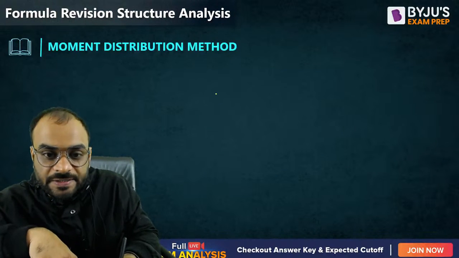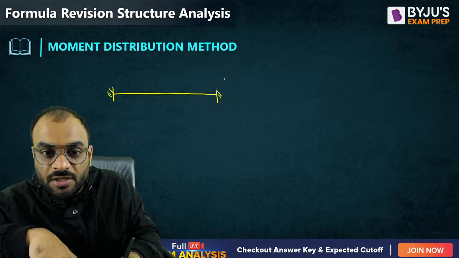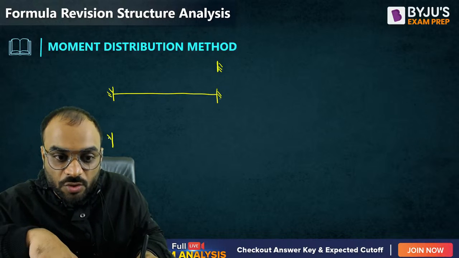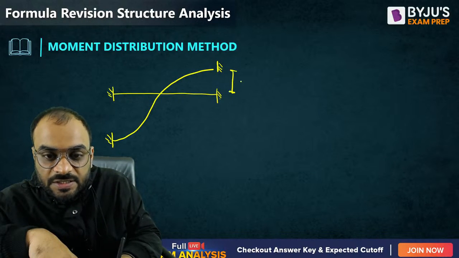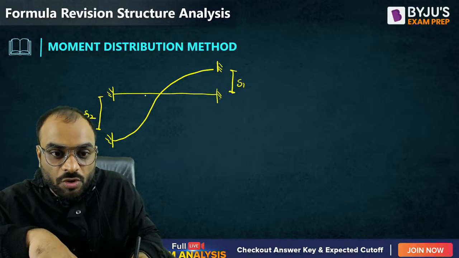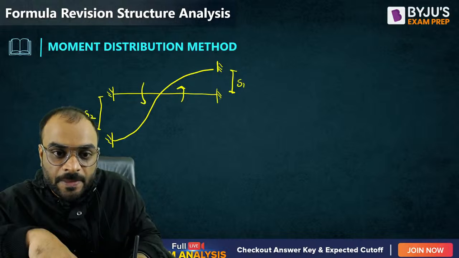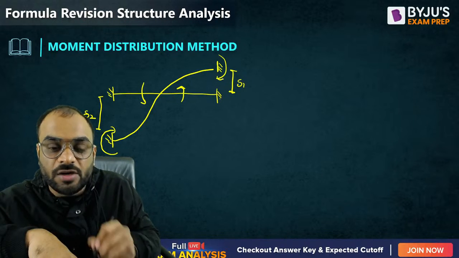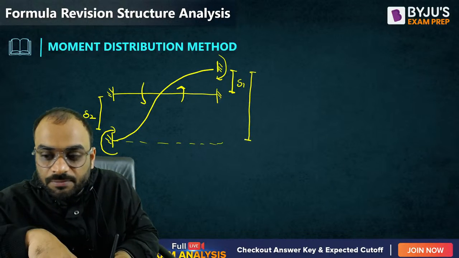Now let us suppose, guys, the settlement of support is occurring in opposite directions, like this support is trying to move in the upward direction and this support is trying to move in the downward direction, like this. Let us consider this one is delta 1 and this one is delta 2. So what is the direction of settlement? It is basically anti-clockwise. So the moments generated at support A and support B will be clockwise, and the net displacement will be delta 1 plus delta 2.